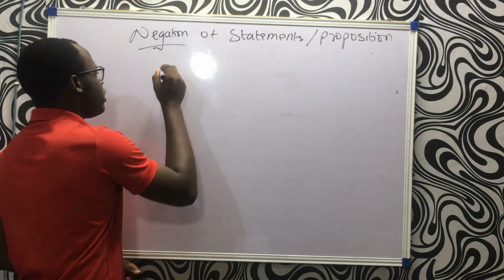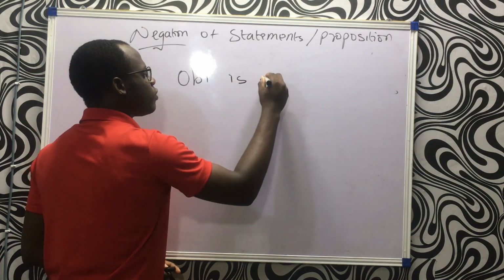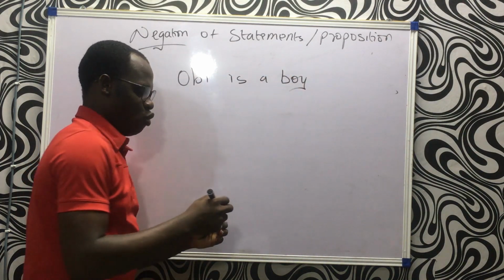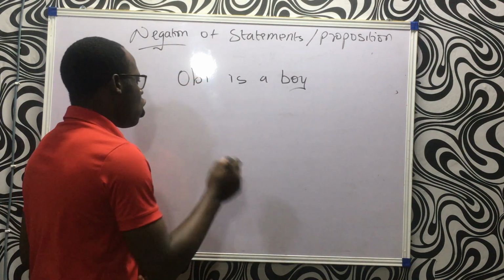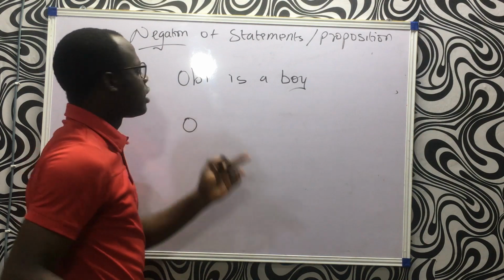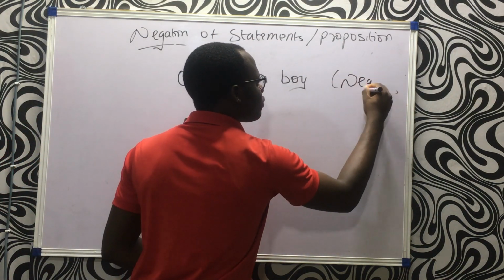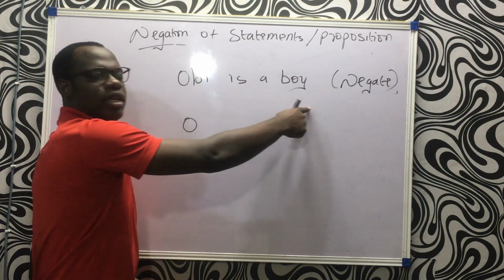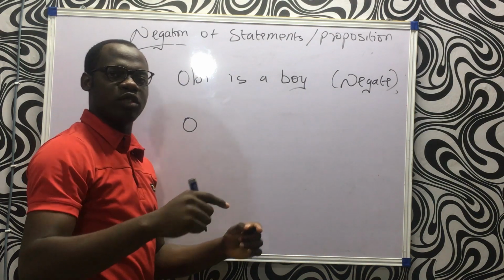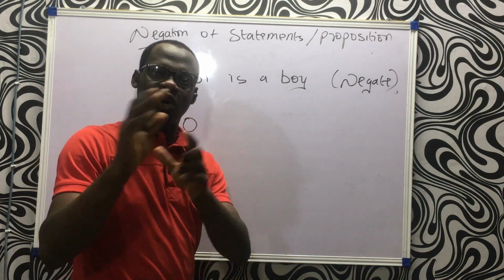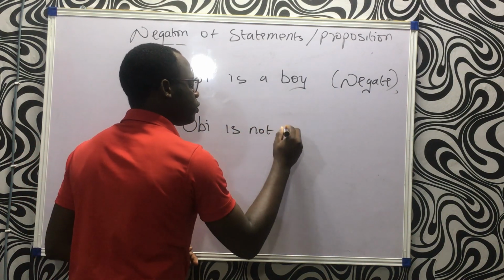The first example we used was Obi is a boy. If we are asked to negate this statement, or get the negation of this, which is definitely the negative or the opposite, it now becomes Obi is not a boy.